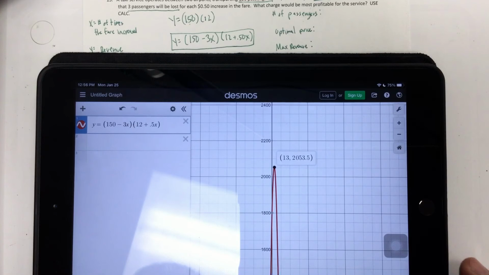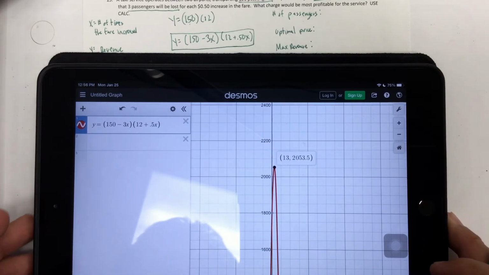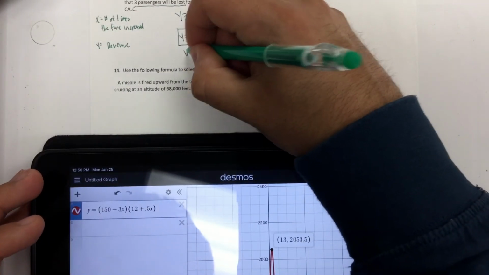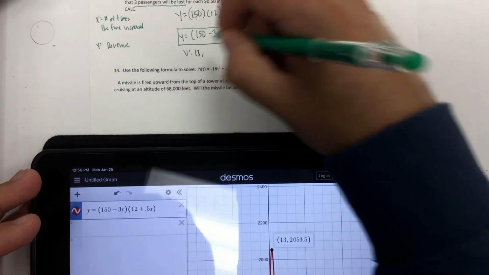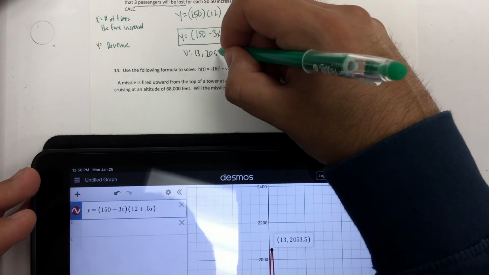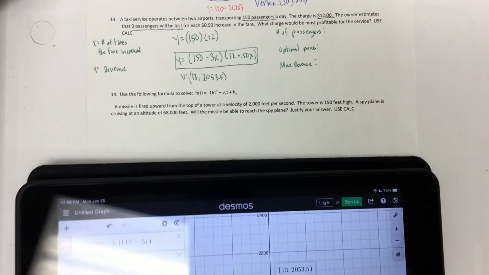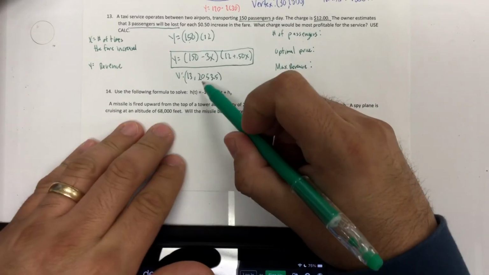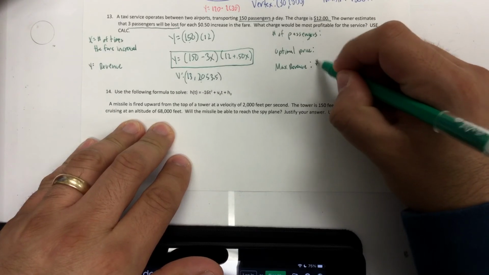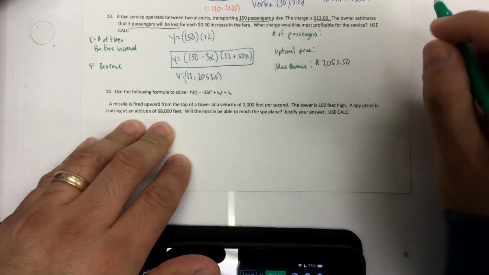So 13, comma 2053.5. So the vertex is 13, comma 2053.5. All right, so let's talk about these numbers now. We know that the max revenue is represented by here, so our max revenue would be $2,053.50.